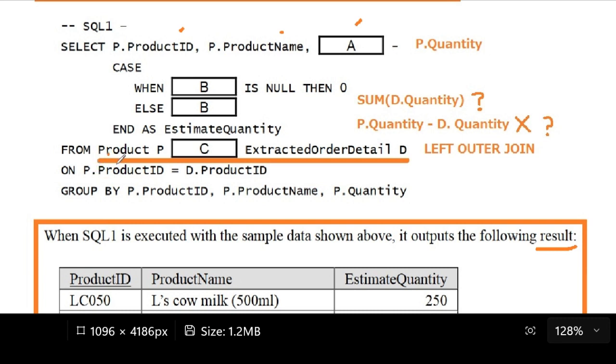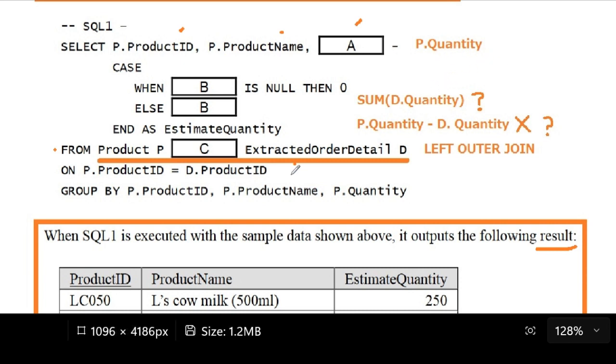And then the P is for the product table, because we got a product table in the from portion, and a table for the extracted order detail table. And therefore, what we're going for is the quantity from the product. And that's why it's P dot quantity.